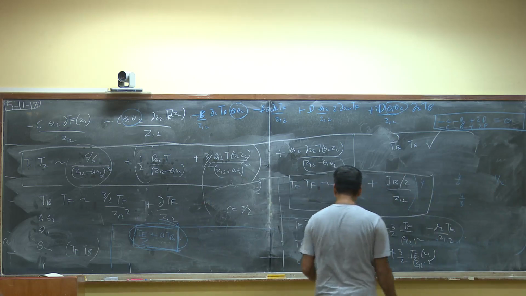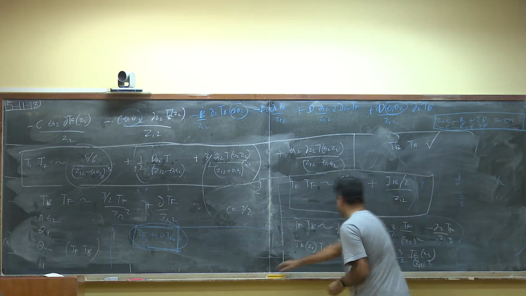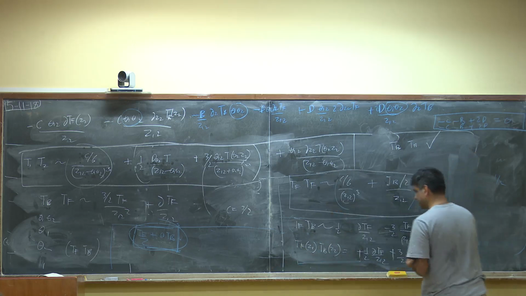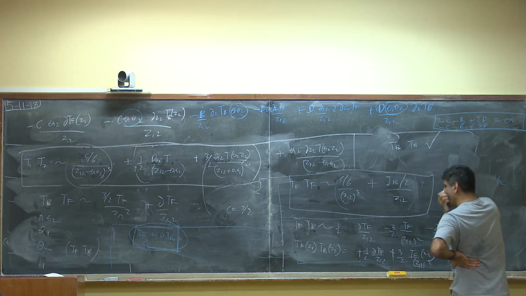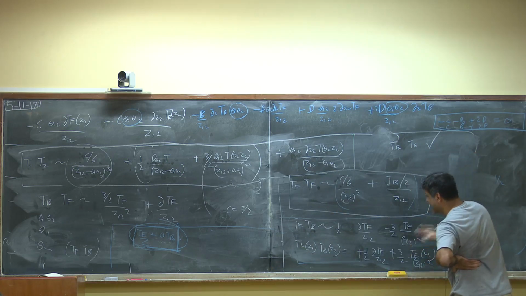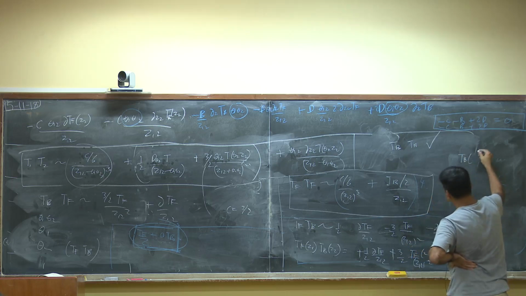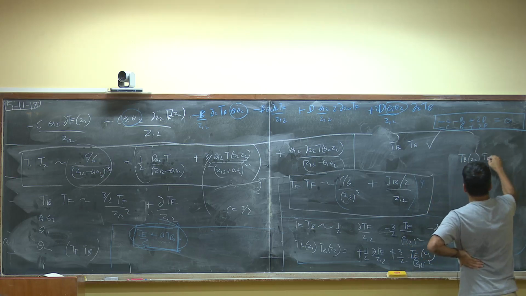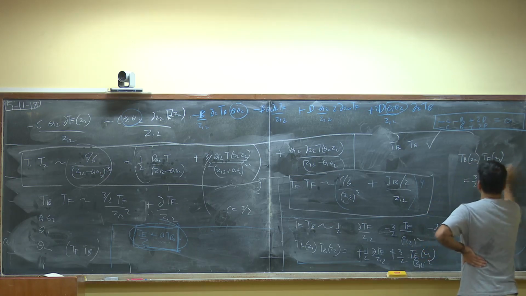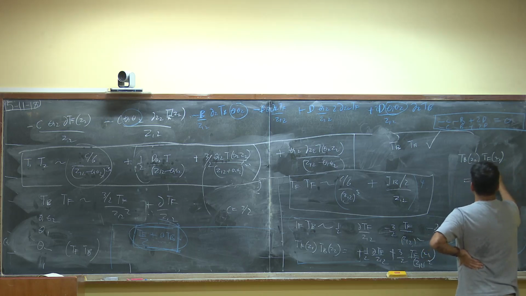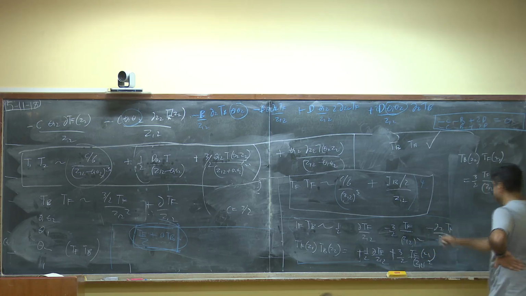Now what we want to check is whether this is consistent with saying that TB of Z2 TF of Z1 is equal to 3 by 2 TF of Z1 by Z12 squared plus del TF of Z1 by Z12.